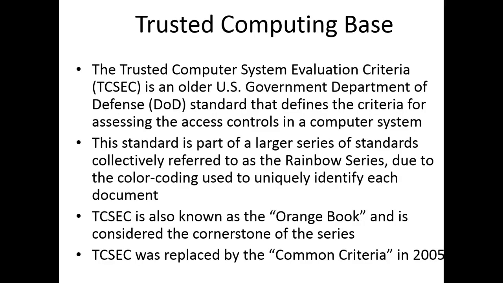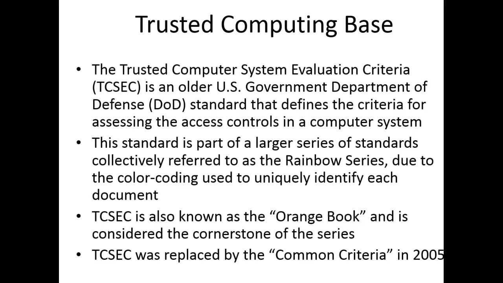So the first model that we can talk about is the trusted computing base, or what we call the TCB. The Trusted Computer System Evaluation Criteria is an older U.S. Department of Defense standard that defines the criteria for assessing access control in computer systems.